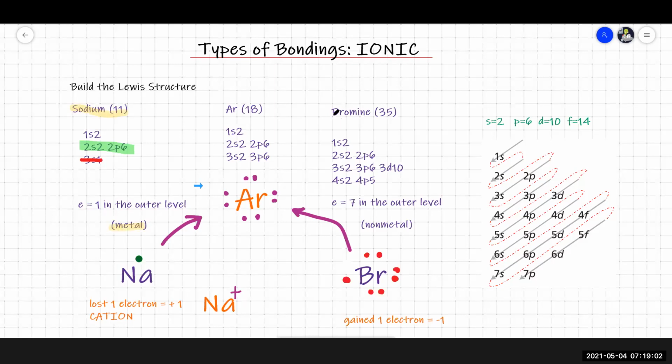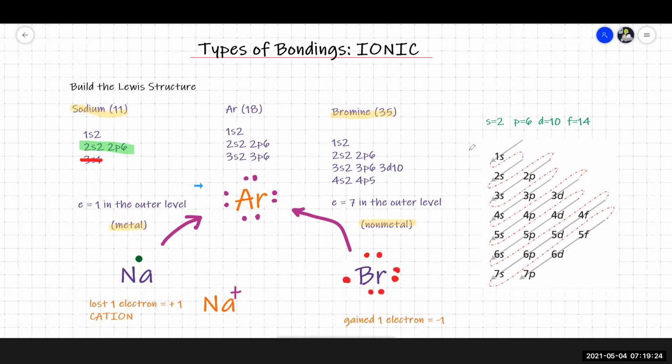I also wrote that bromine is a non-metal. So in this type of bonding, in ionic bonding, we are going to have a combination of both metal and non-metal.